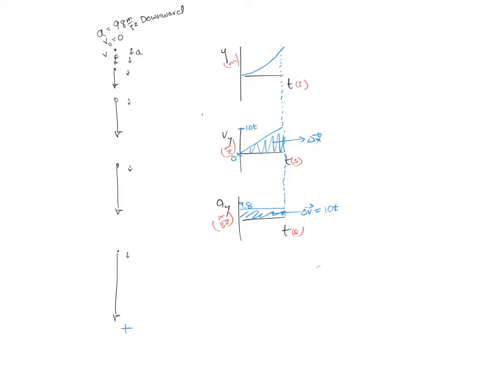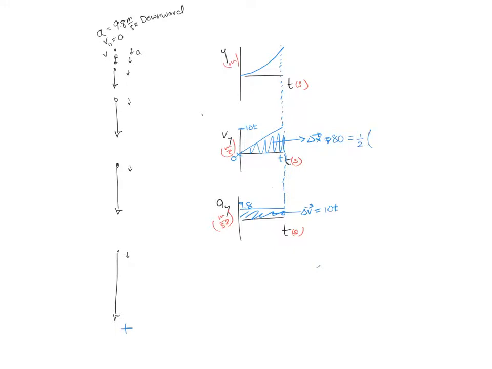I don't know t, but I know that area here has to be an 80 meter displacement, because I'm told it fell 80 meters, right? And then the 80 meters has to equal, I'm going to leave out the units because it's a little easier, 1/2, that's the area of a triangle.